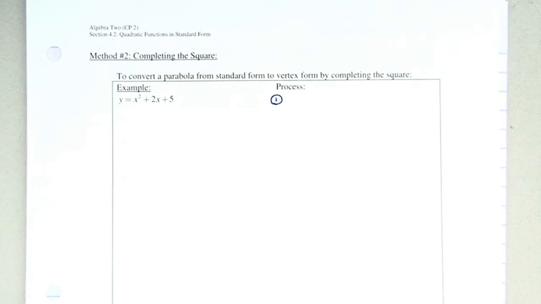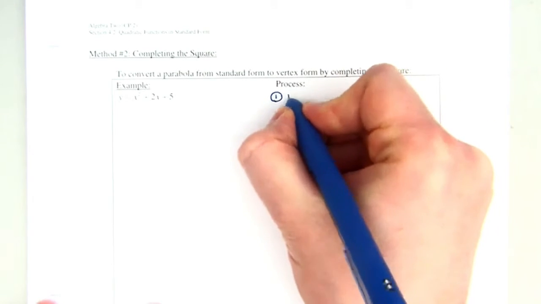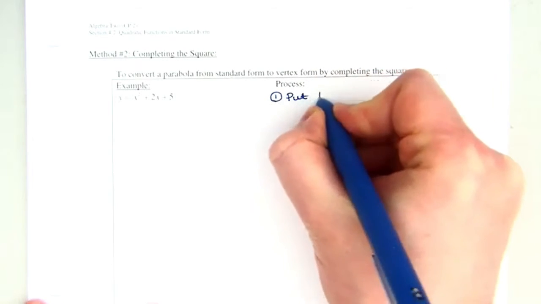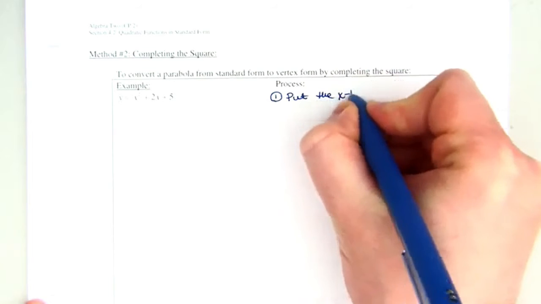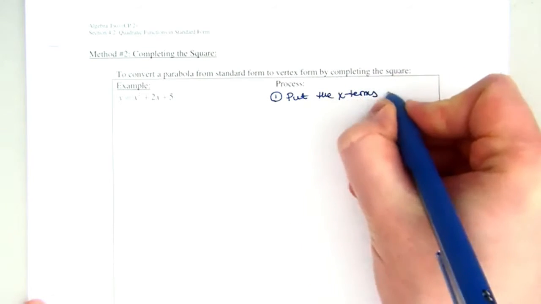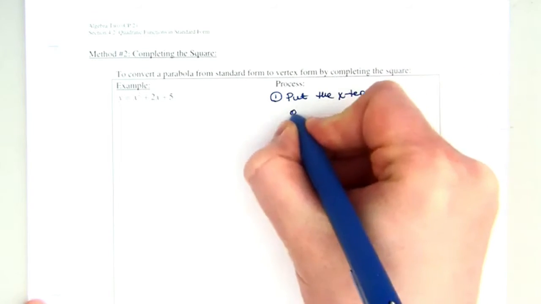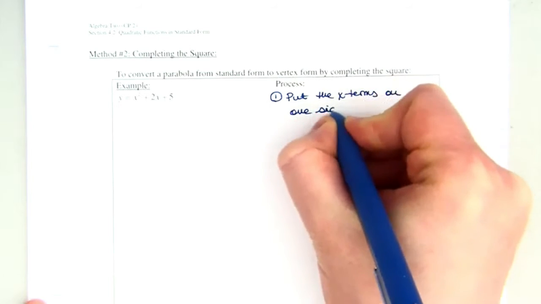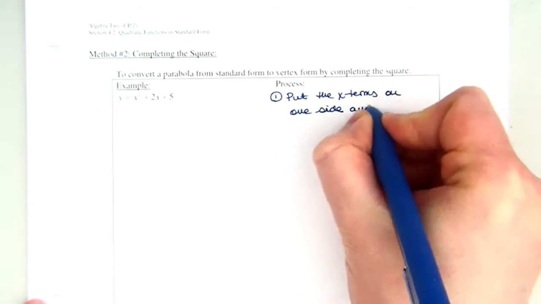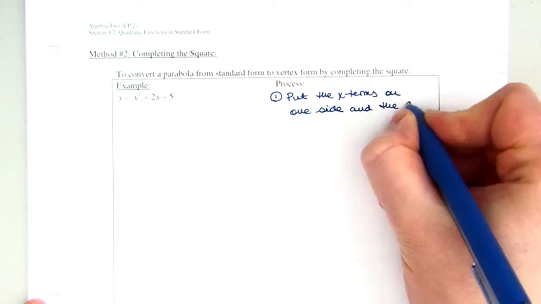Step number one, I need to move things around. So I get the x's on one side, and, well, before it was just the constant on the other side. Now I'm going to say the constant and the y on the other side. Let's say for step one, put the x terms on one side and the constant and y on the other.